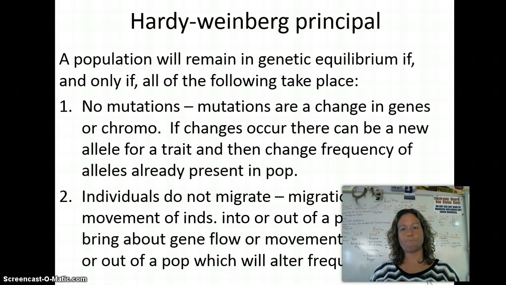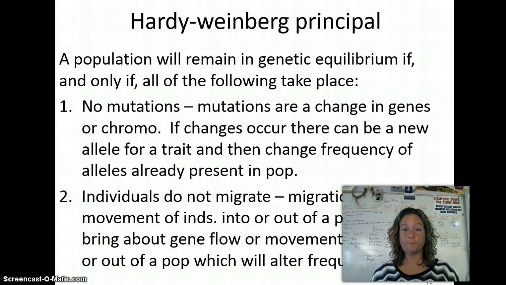The Hardy-Weinberg principle has come about from lots of studies of how animals have changed over time. A population will remain in genetic equilibrium if and only if the following five things take place. These five things have to take place in order for organisms to stay the same from generation to generation.